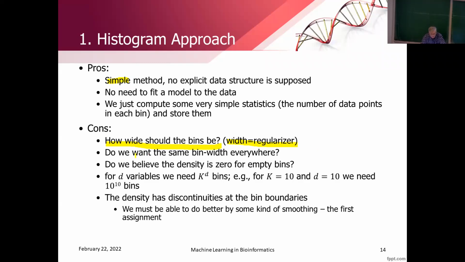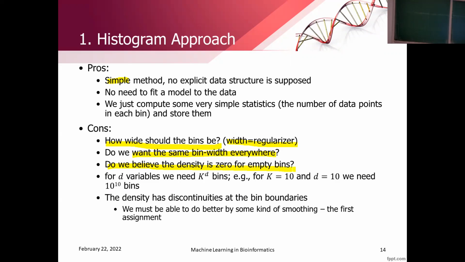Maybe we could consider even bins of different width, but it's hard to guess where we should use wider bins and where narrower. If we obtain zero hits in one bin, do we believe that it's really zero?